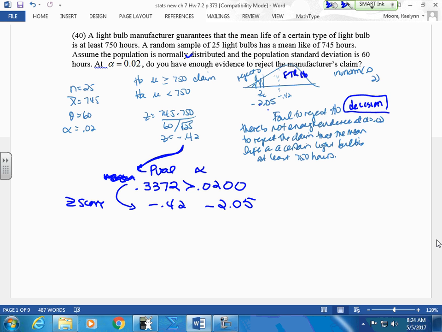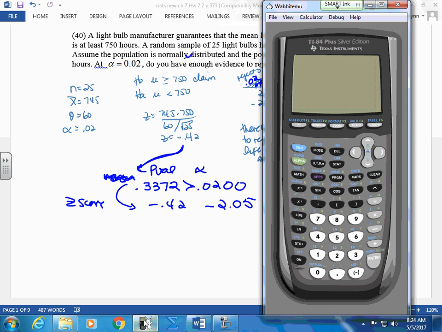So where did you get the negative 2.05? I don't need this at all. This negative 2.05 came from this area right here is 0.02. So that's where I went to my calculator and I said inverse norm. Give me the z-score associated with this, because now I want to test z-scores.